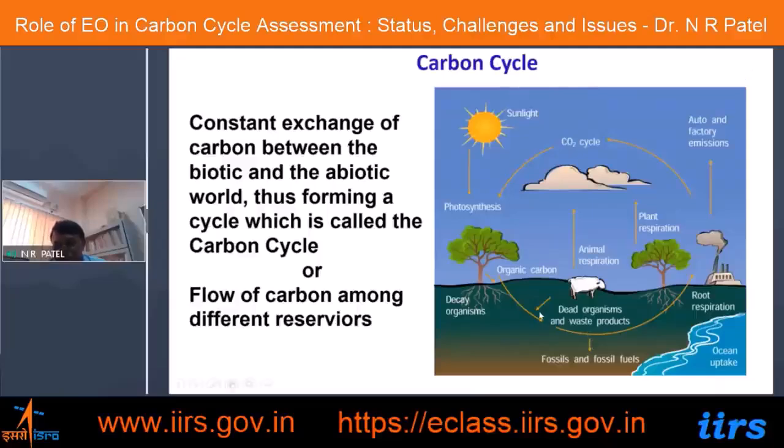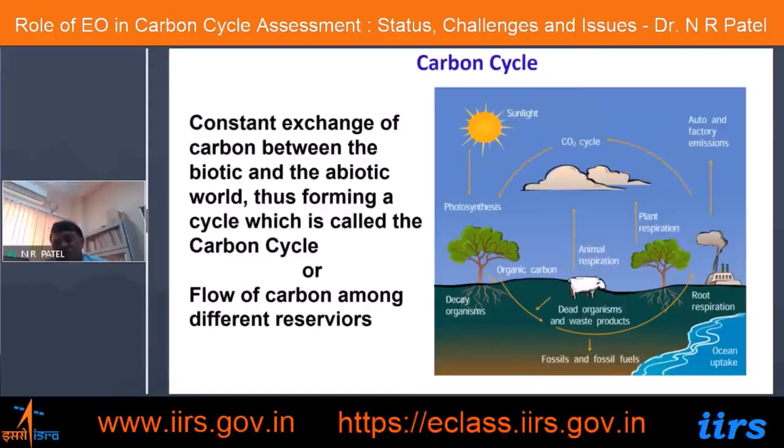And some part of all the dead organic matter is transferred through rivers, and sedimentation takes place in the rivers and the lakes. So it will go to the ocean, and there is silicate weathering. Sedimentation will take place in the ocean.